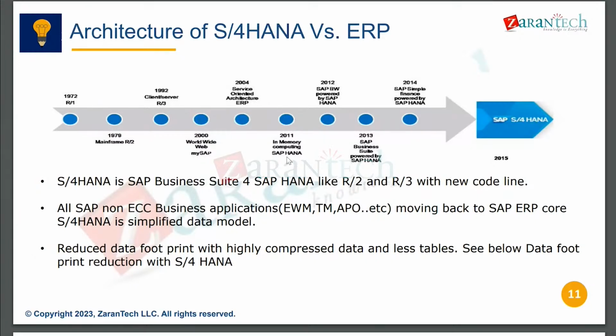In-memory computing. So in 2011, it is in-memory computing, that is S4 HANA we introduced, and business warehousing in 2012 by SAP HANA. Business warehousing is a model where all the analytical information is stored in the business warehouse, and here we can develop analytical reports, majorly once HANA DB came into the picture, where the analytical capability and speed of the database increased compared to R3, the traditional SAP ECC.